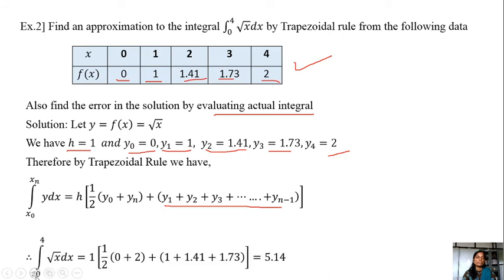So it is the integral from 0 to 4 of root x dx, h is 1, 1 by 2, y0 is 0, and yn is 2. Sorry, we need y1 plus y2 plus y3. So this is your y1, this is your y2, and this is your y3. Simplify this and you will get the answer 5.14. Now this answer is by using the trapezoidal rule.